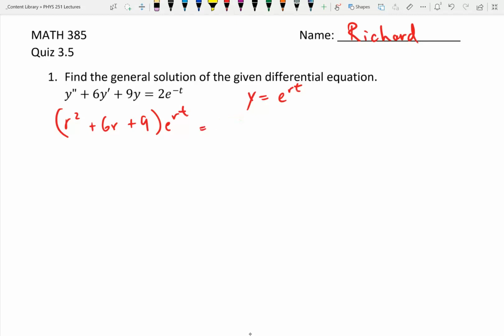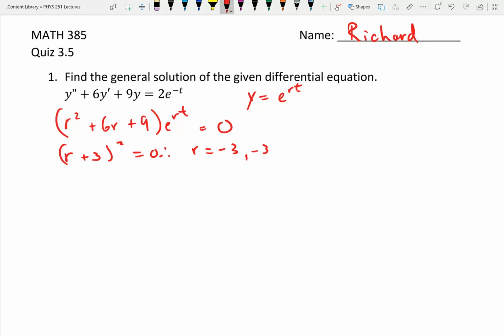Well, we're doing the homogeneous equation, so equals 0, right? Because first you have to solve for the homogeneous. So the roots of this: r plus 3 squared equals 0. Therefore, r equals minus 3. And they're repeated roots.